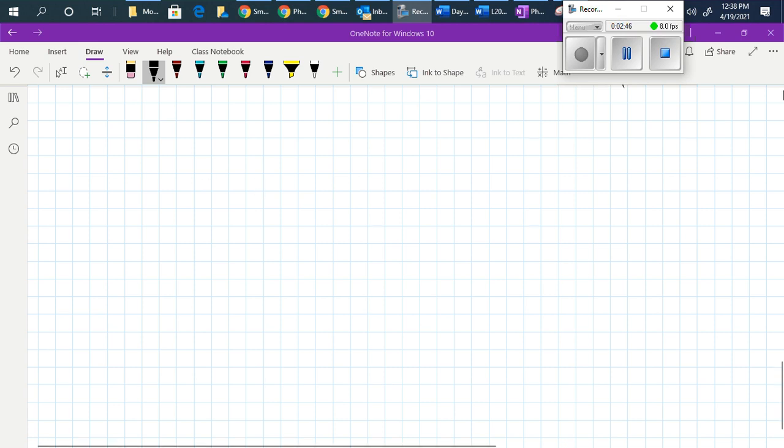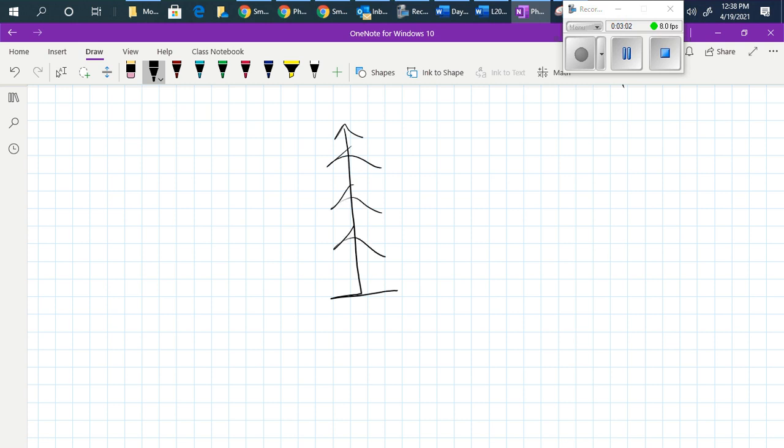Okay, so let's see now what we mean by all those properties that we mentioned. Let's suppose that we have a tree. So we have a tree here, and we don't know the height of the tree.